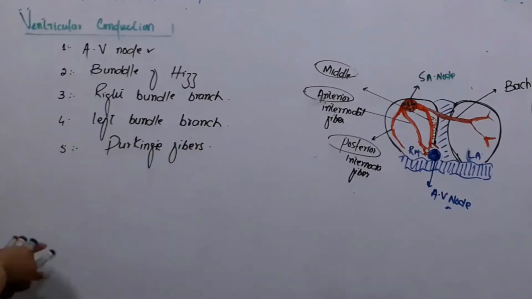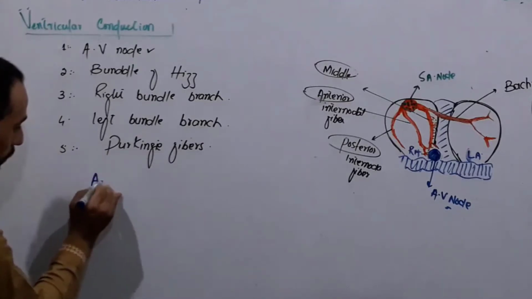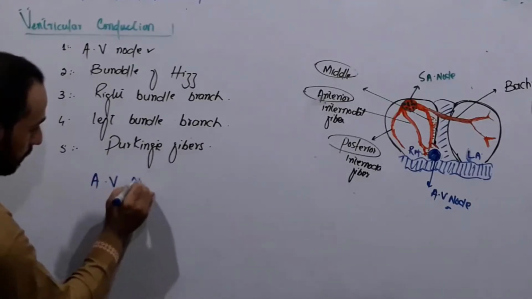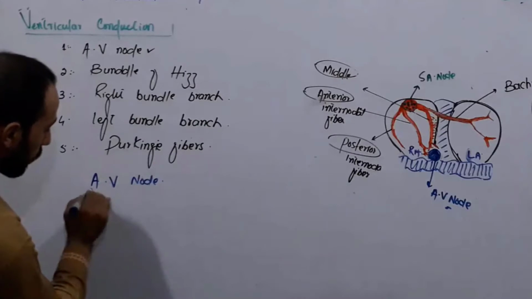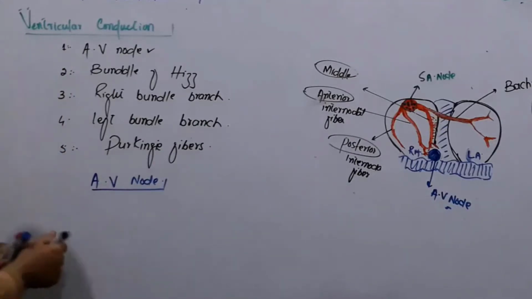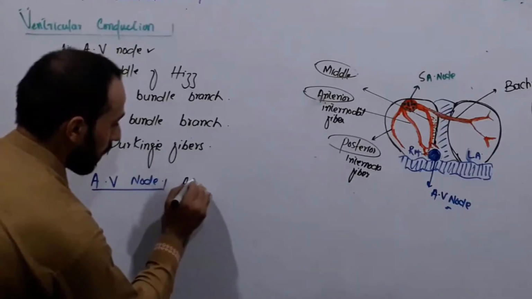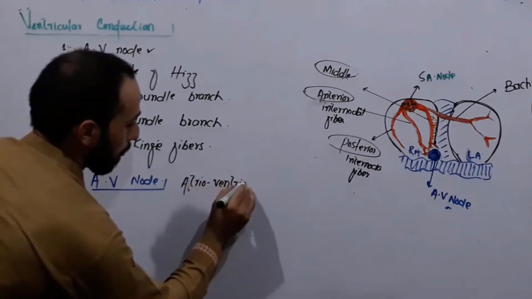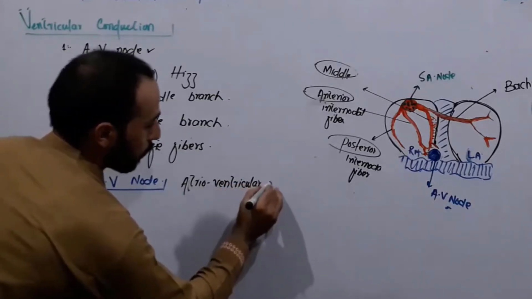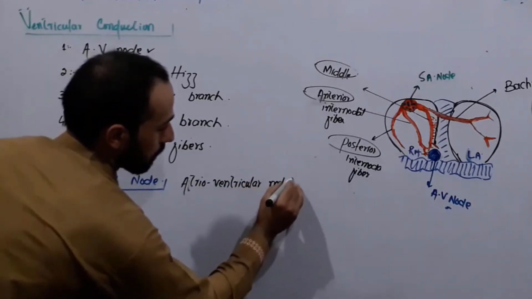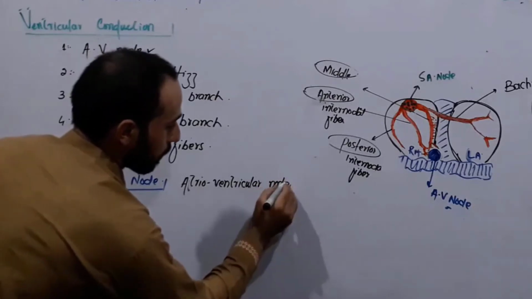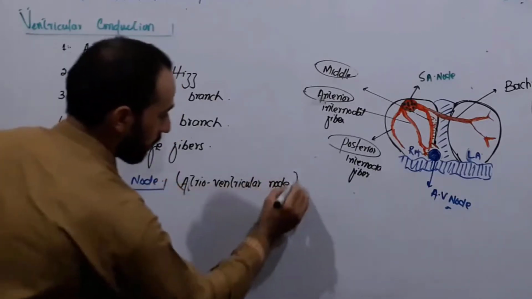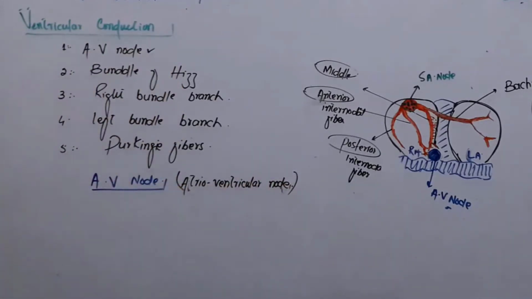Clear? Right? Let's know a little bit about the AV node. This AV node, friends, is known as the atrioventricular node, right? Atrioventricular node is its full form.